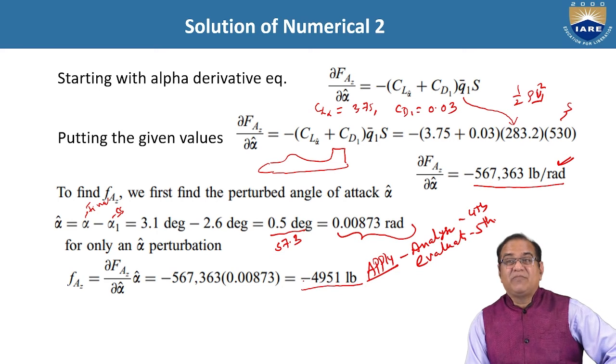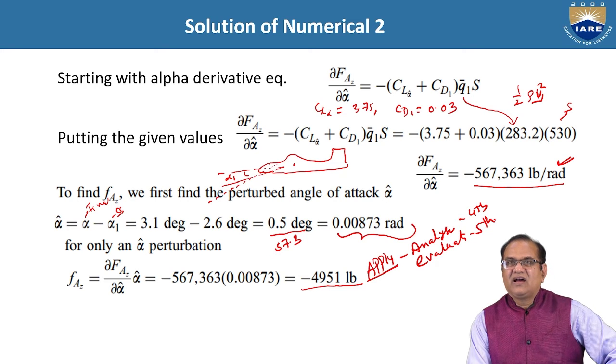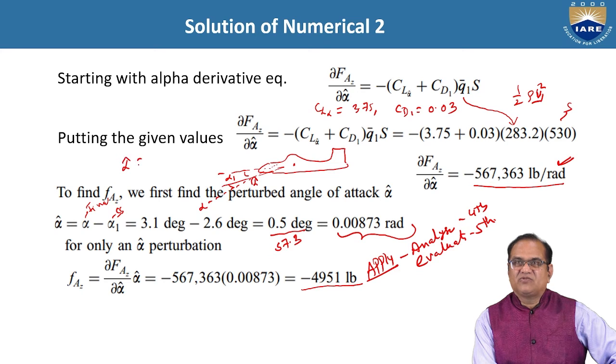Analysis means it is minus 4,951 pounds. So what does it mean? Once the aircraft is flying, initially this is the angle of attack, alpha 1. You have given some more, this is the alpha, and this is the perturbation, alpha cap, which is equal to alpha minus alpha 1.